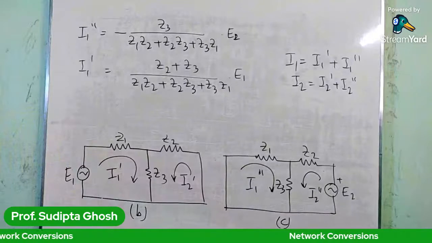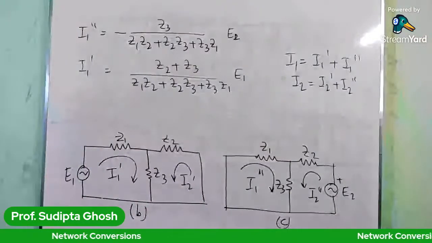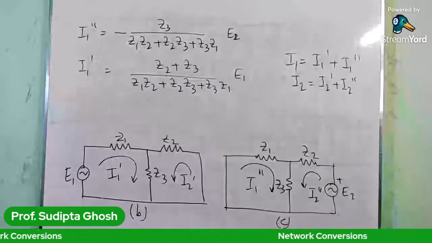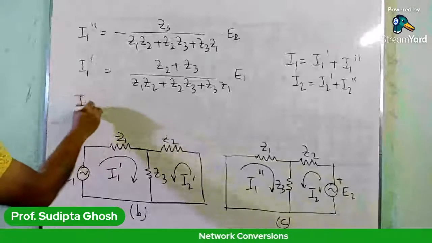So the solutions of the circuits of figure B and figure C. By solving the figures B and C, we have the values of I1 double prime, I1 prime, I2 double prime.